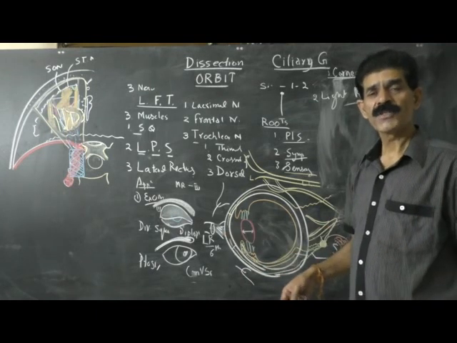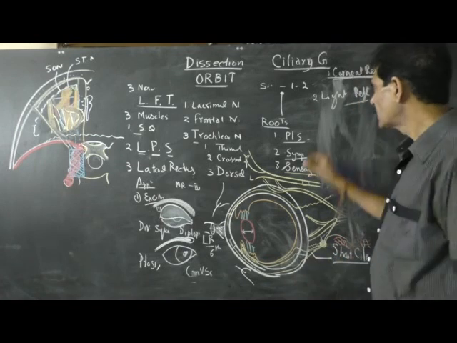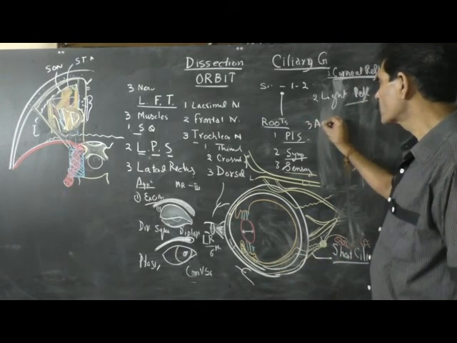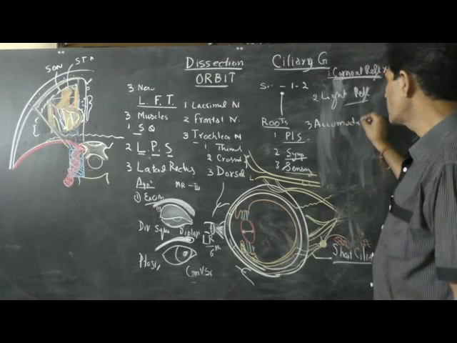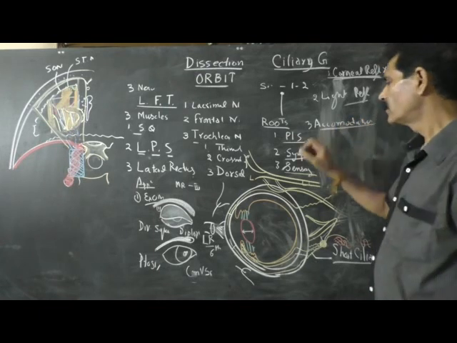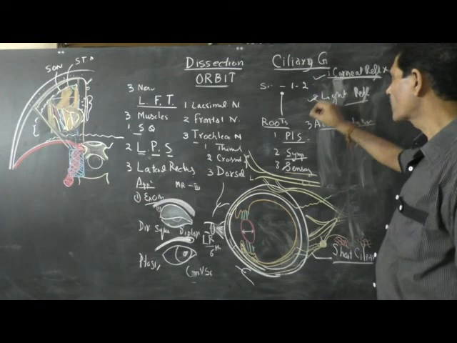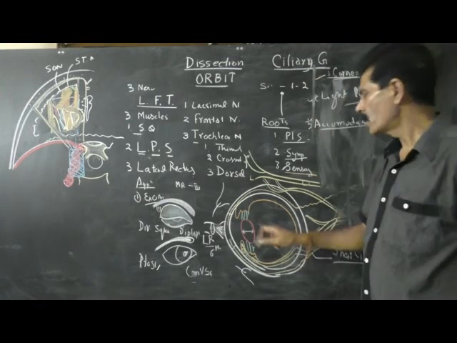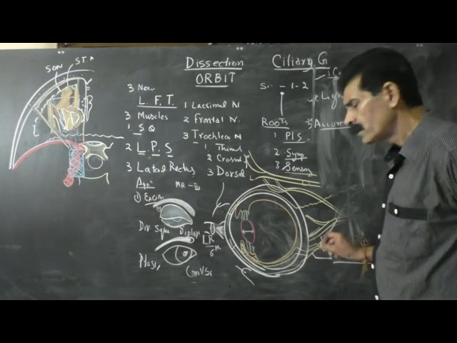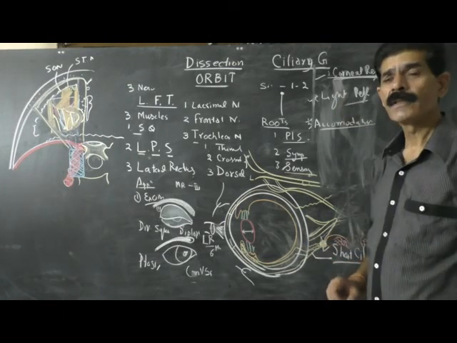No pupillary changes. Third, the accommodation reflex is also lost in the ciliary ganglion injury. So three problems will be there. All these three reflexes will be lost if the small important ciliary ganglion is damaged.